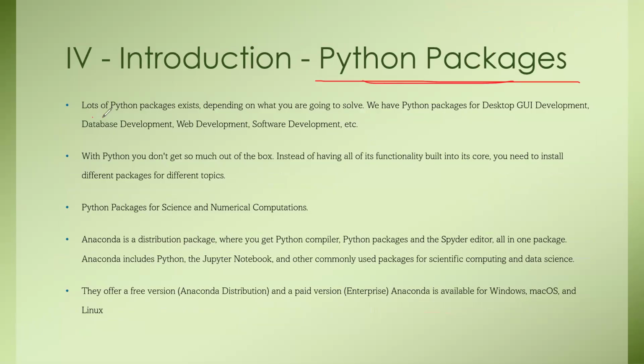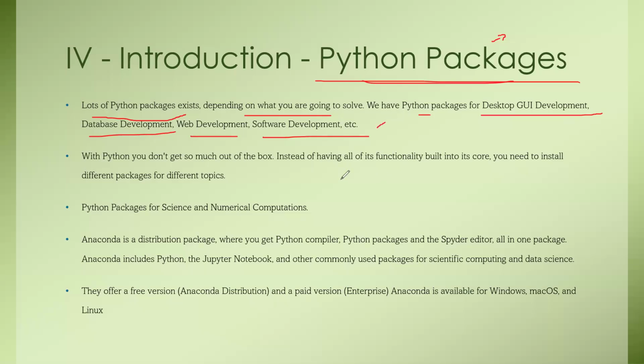A lot of Python packages exist depending upon what you're going to do. We have Python packages for developing desktop GUI based applications, database development, web development, or any software development. Python has an extensive list of packages. Package means the libraries which can be imported to your script to do the desired task.